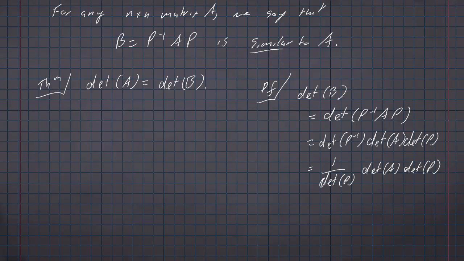That's why determinant non-zero is so important for an invertible matrix. But now we have determinant of P and 1 over determinant of P, which cancel each other out, leaving us with the determinant of A.